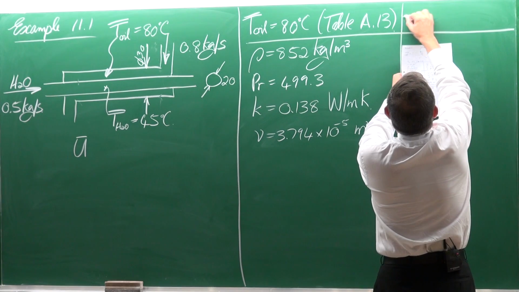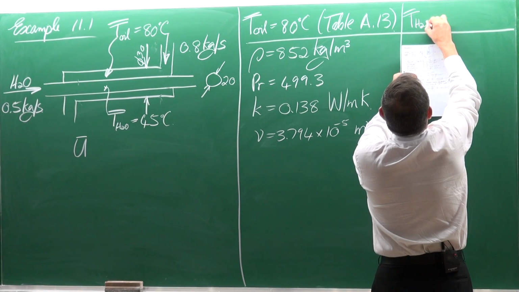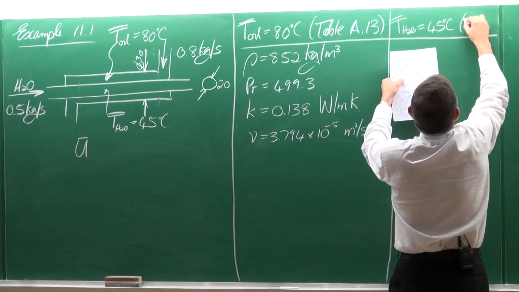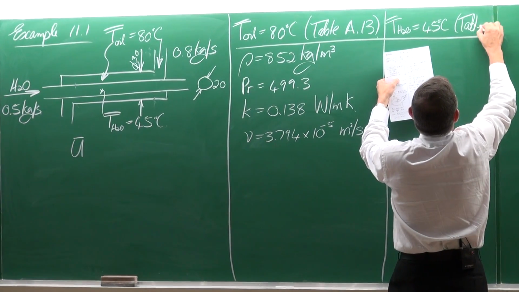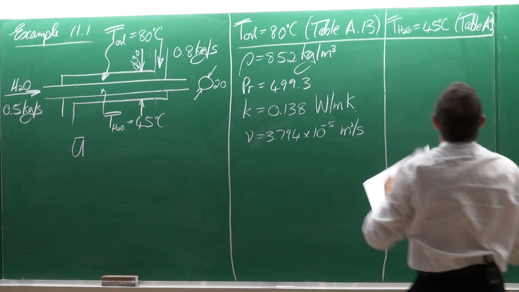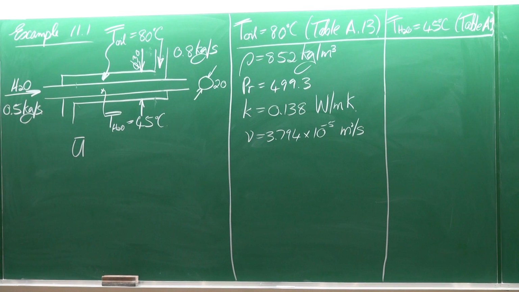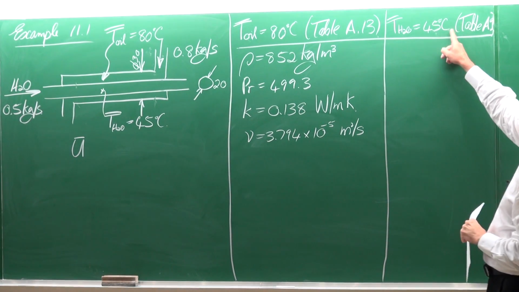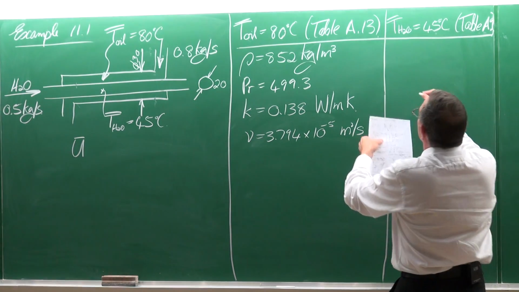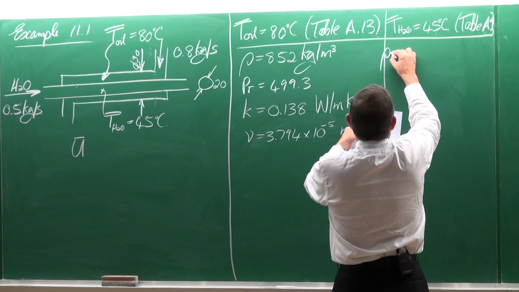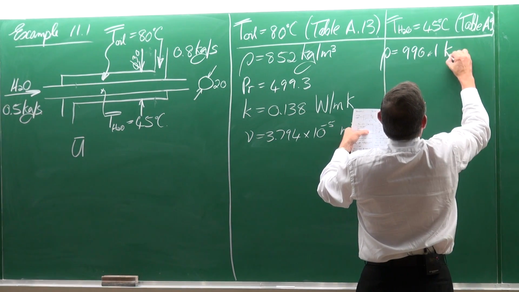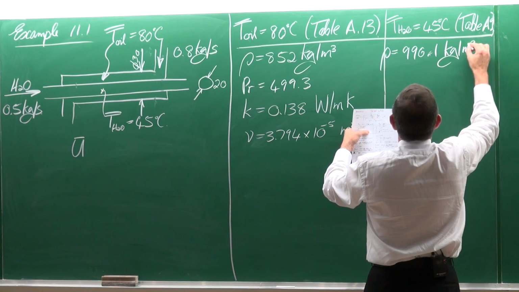And for the water, at a temperature of 45 degrees Celsius, in table A9 in your textbook, you can go and get all the properties there. Water, 45 degrees Celsius, table A9. The density is equal to 990.1 kilograms per cubic meter.